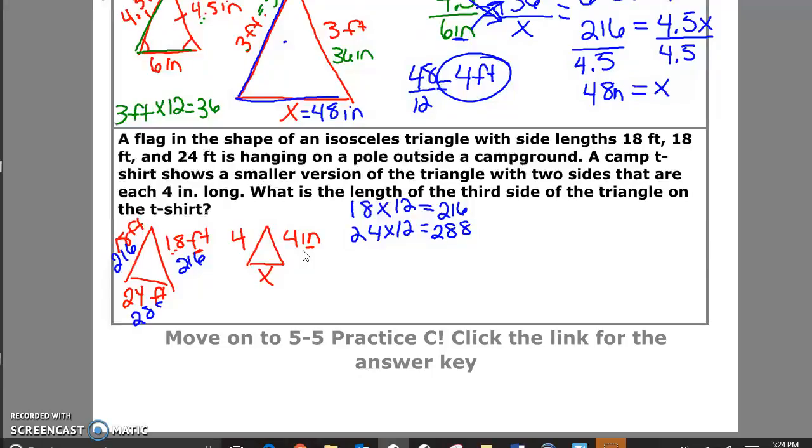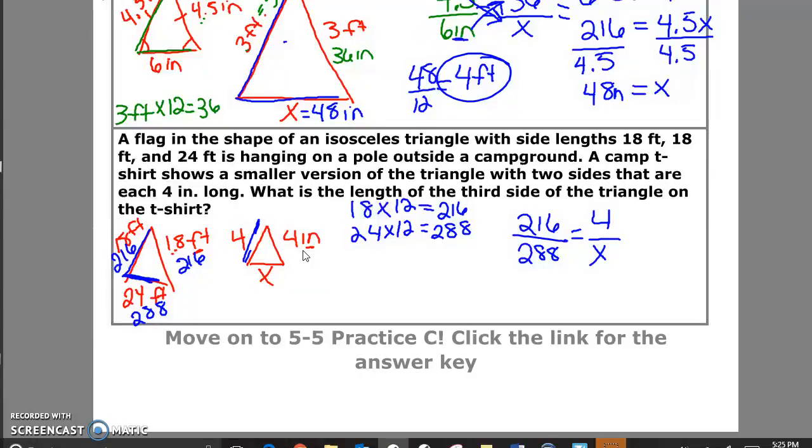So 288 down here. Now I can look at my corresponding sides. I'm going to use the same ones I did above. I've got this is 216, setting up a proportion. 216 in the same triangle, this bottom one is 288, equaling 4 here, and then x.